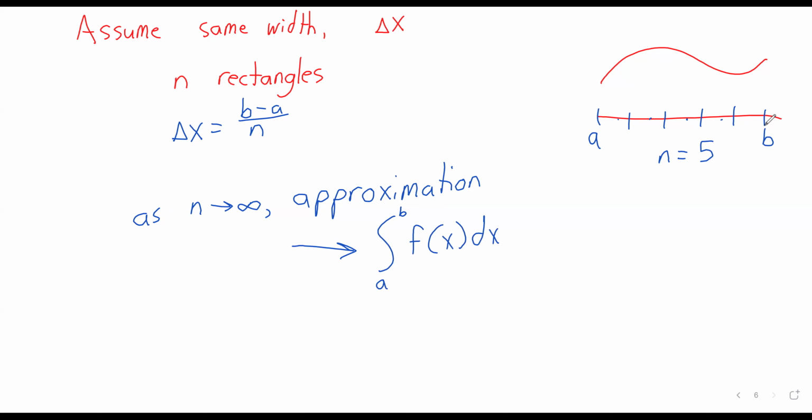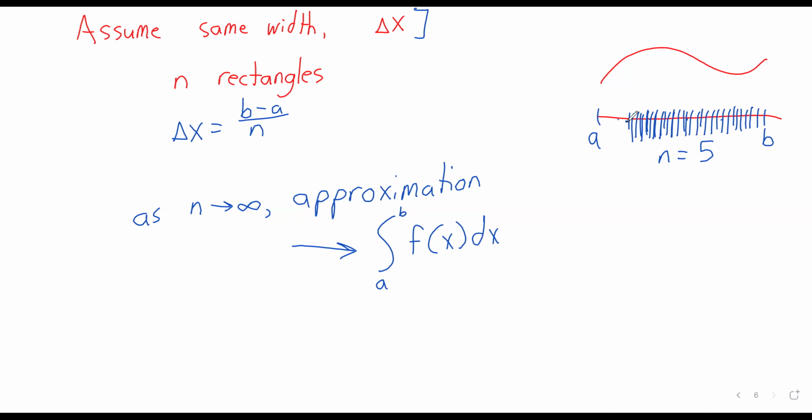I can make this statement because assuming that these are all the same width stops me from doing anything goofy. Without that assumption, we could keep increasing the number of intervals while just keeping this big interval there, and then you'd always have error because of that.